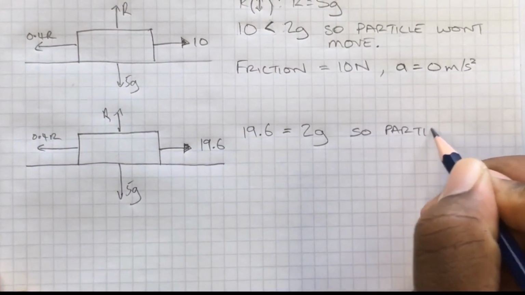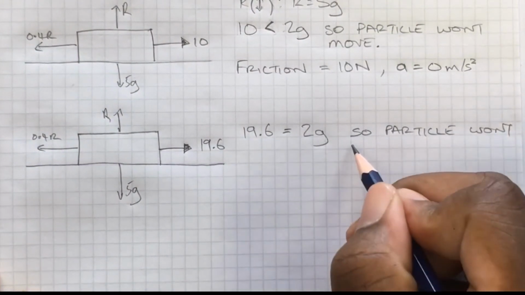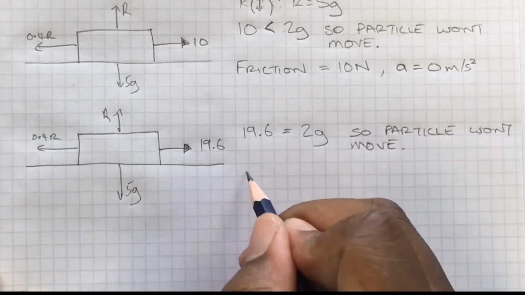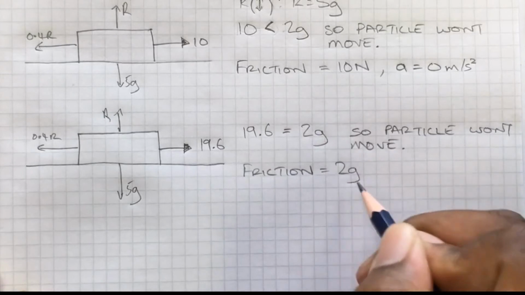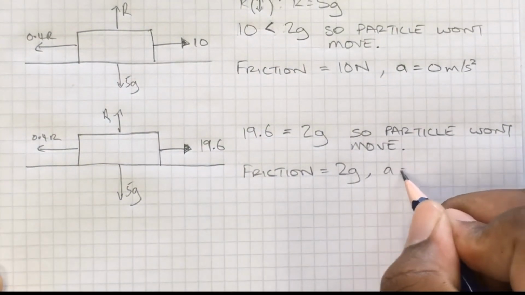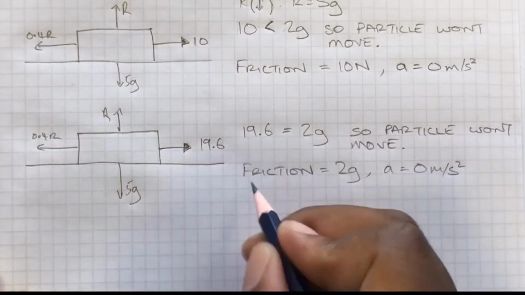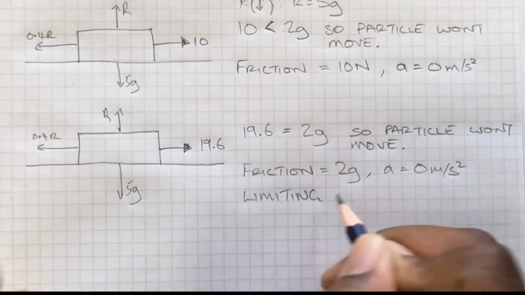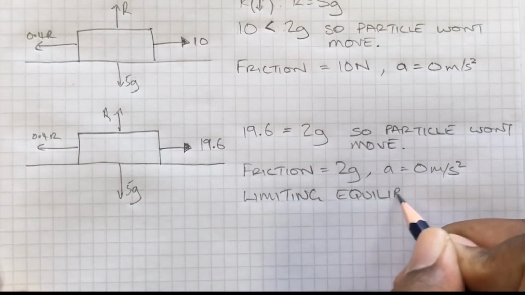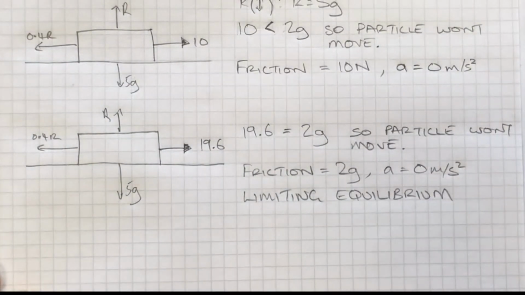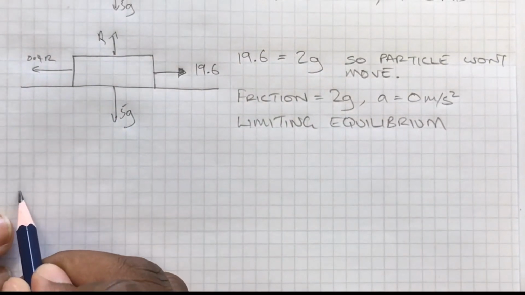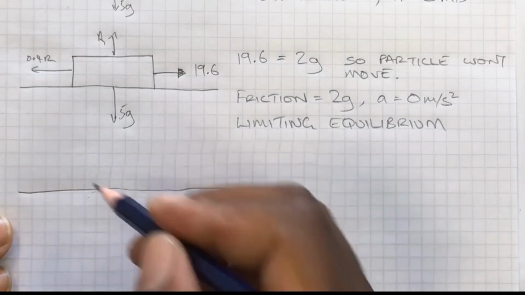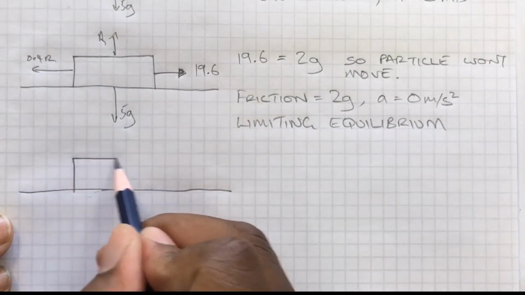This is what we call limiting equilibrium. This means that any increase to the driving force will make this object move. It's right on the verge of moving. So it's slightly different to just equilibrium. It's limiting equilibrium.